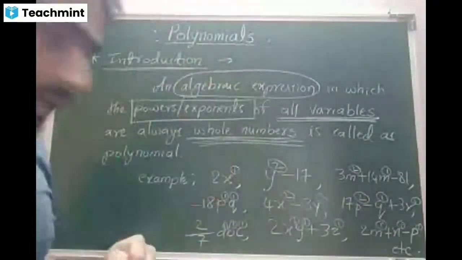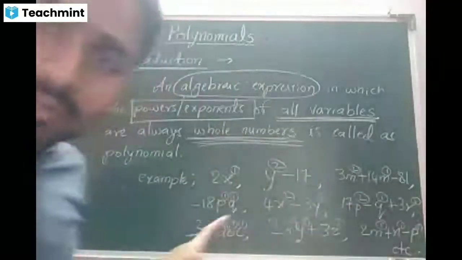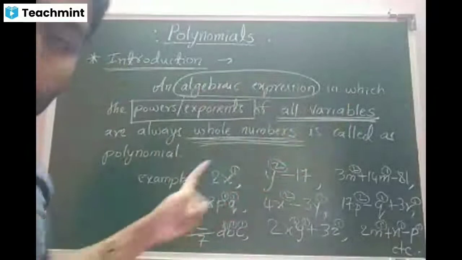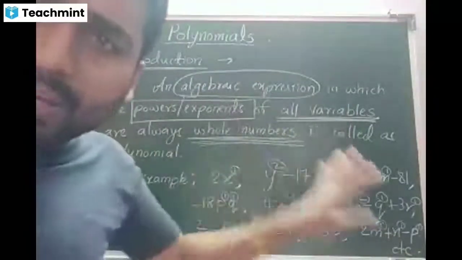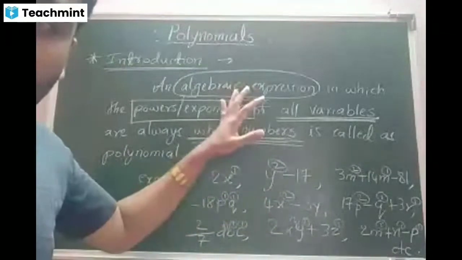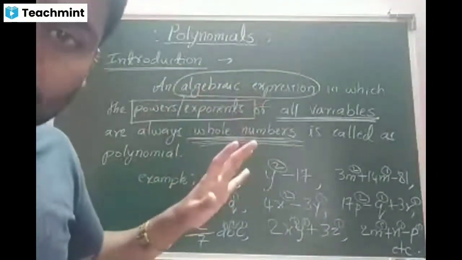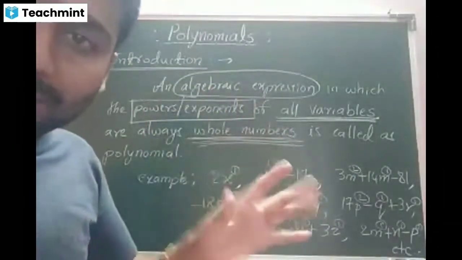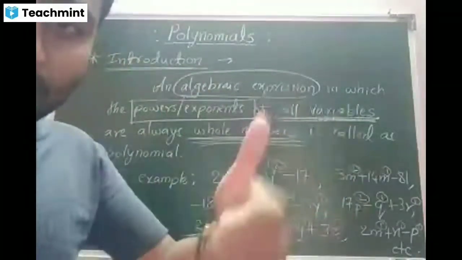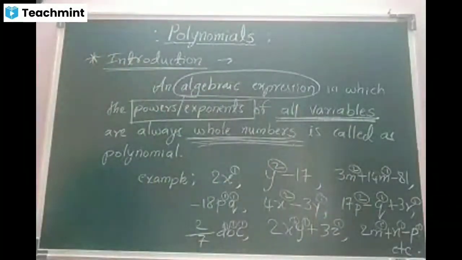I explain once again: the algebraic expressions in which the exponents or powers of all the variables are whole numbers, then only we call them polynomials. Otherwise, they are not polynomials. They will be called only algebraic expressions. Is that clear, students?